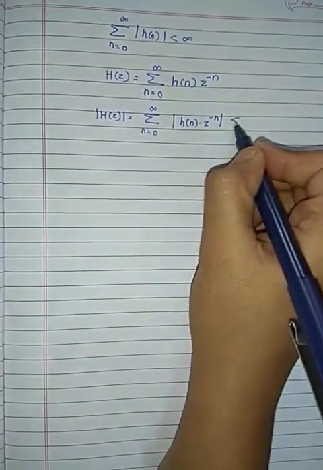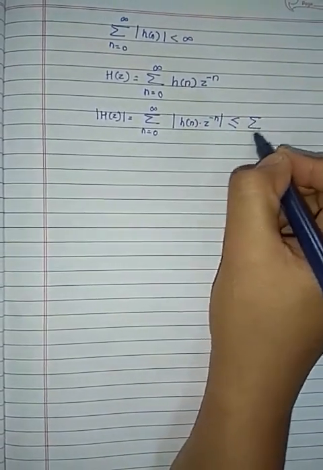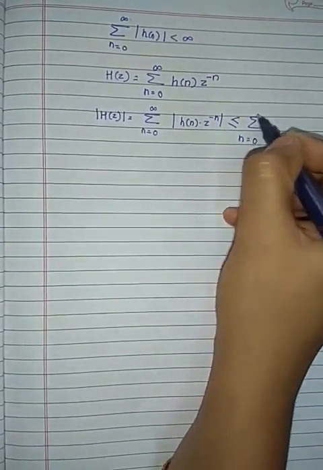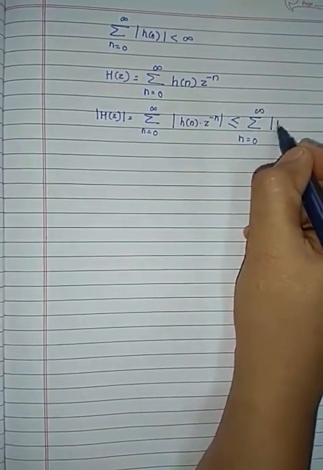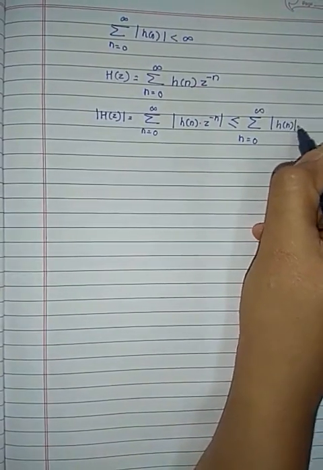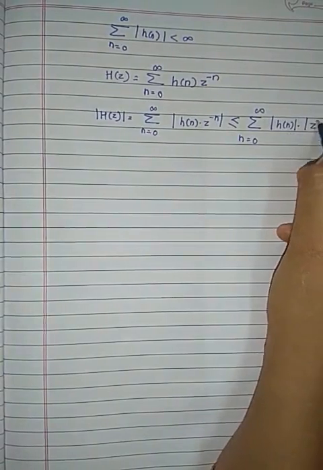Okay, so it should be less than or equivalent to summation from n equals 0 to infinity modulus of h of n into modulus of z raised to minus n.